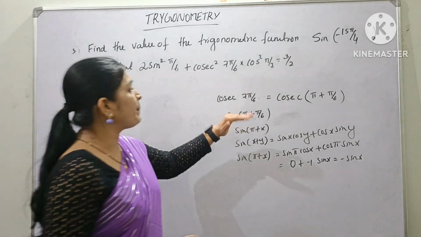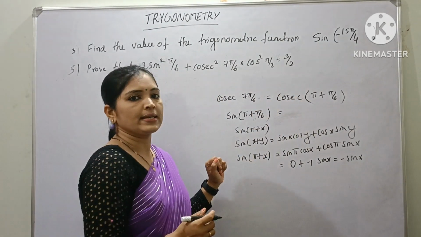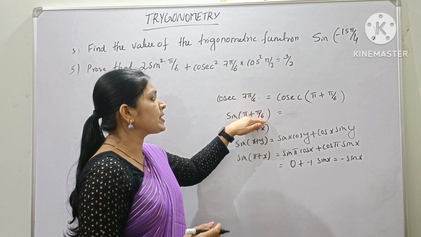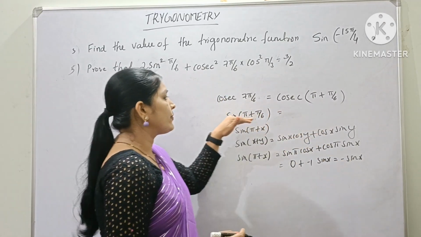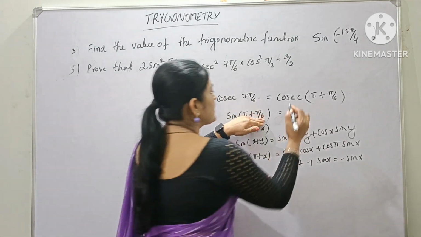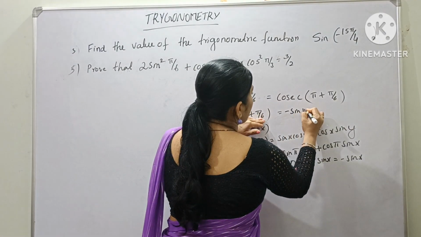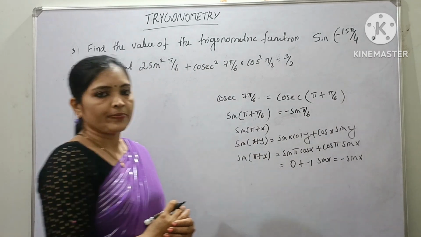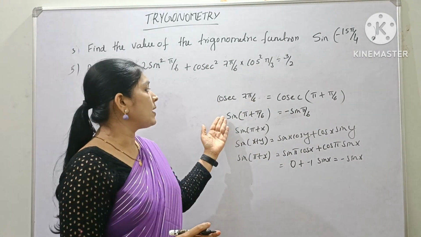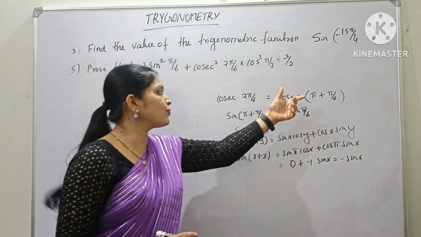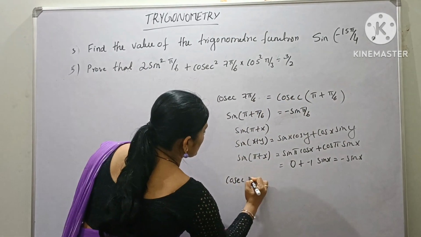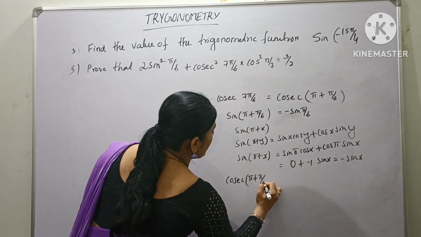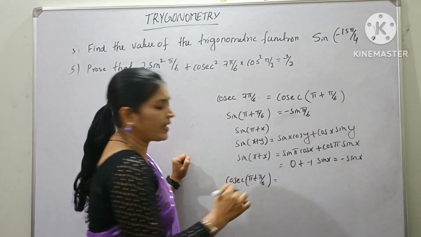Then what is sine pi plus pi by 6? Sine pi plus x is minus sine x. Therefore, sine pi plus pi by 6 is nothing but minus sine pi by 6. Isn't it? We have to find cosec of pi plus pi by 6, right? So it is nothing but cosec pi plus pi by 6 is equal to reciprocal of sine, right?